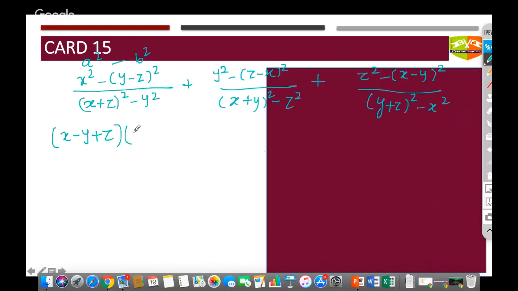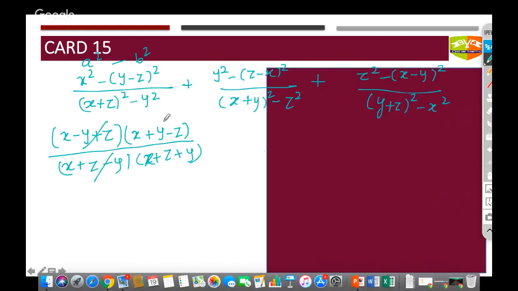And the other one would be x + y − z, divided by, again this is a² − b² format, so I can write it as (x + z − y)(x + z + y). You see here, this x + z − y and x + z − y get cancelled out. So what I'm getting over here is (x + y − z) divided by (x + y + z).